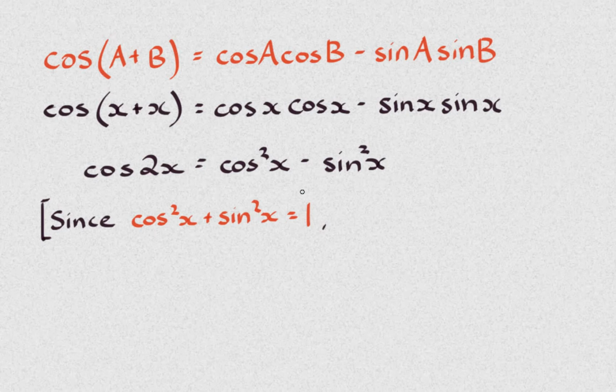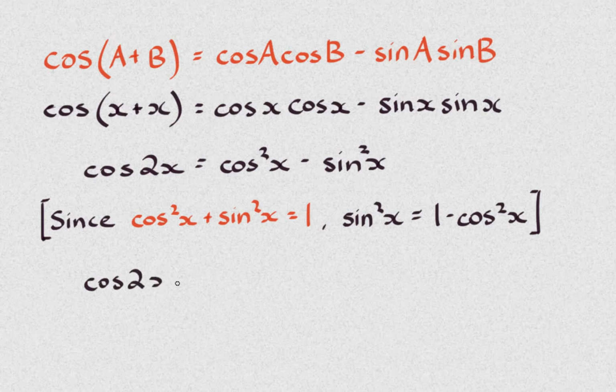Now since this is true, if we just do some rearranging to make sin squared x the subject, we see that sin squared can be replaced with 1 minus cos squared. And so therefore, looking back at this last line of working, we can say that cos 2x is equal to cos squared x minus, and now we will replace sin squared with 1 minus cos squared.